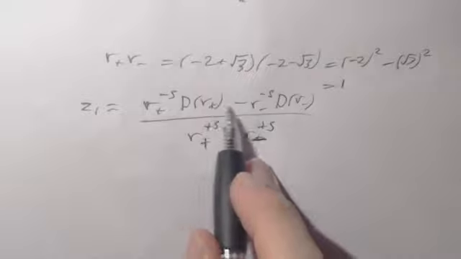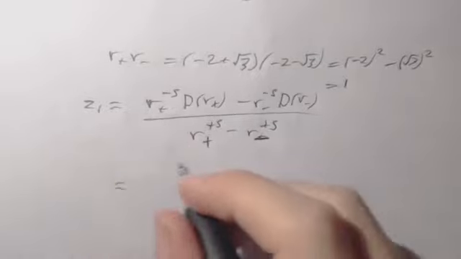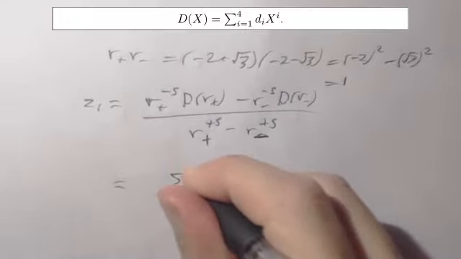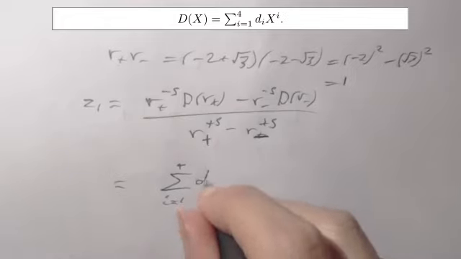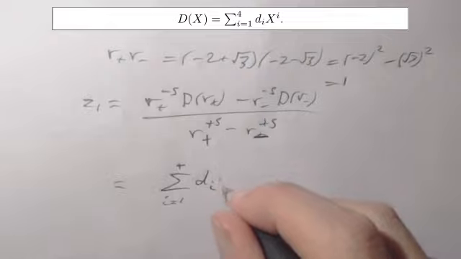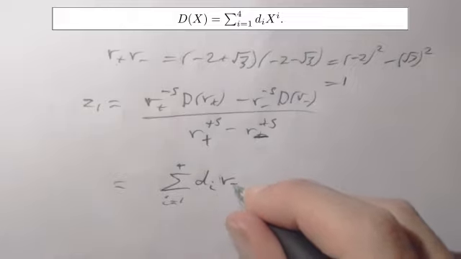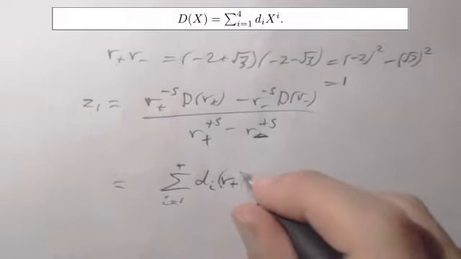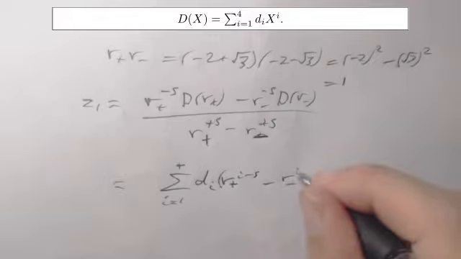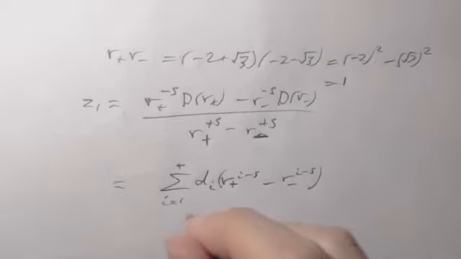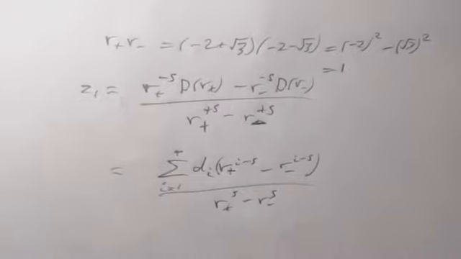And looking at these terms here, the top of this is going to be the sum from i equals 1 to 4 of di, and then we're going to have r plus to the i minus 5 minus r minus to the i minus 5, over r plus to the 5 minus r minus to the 5.